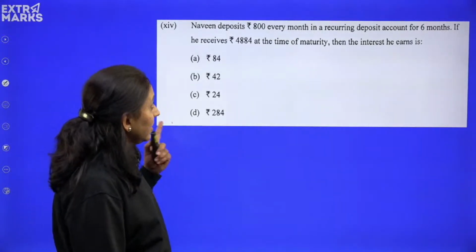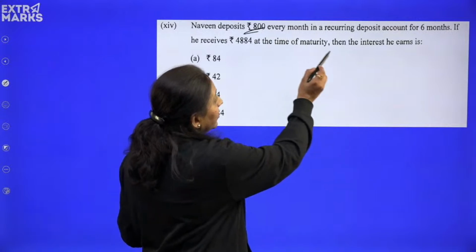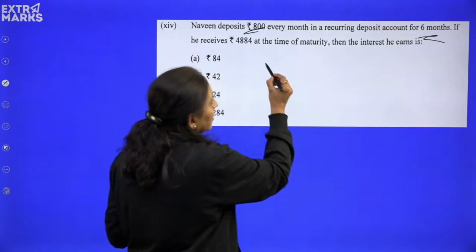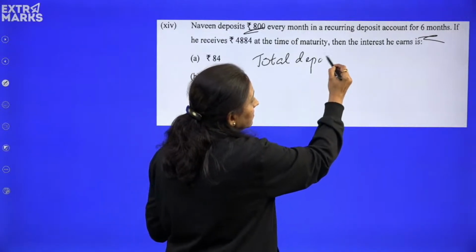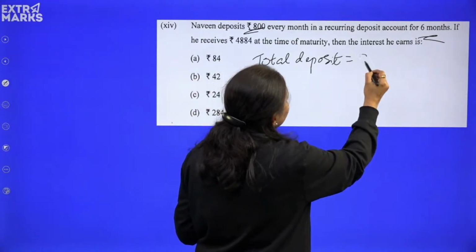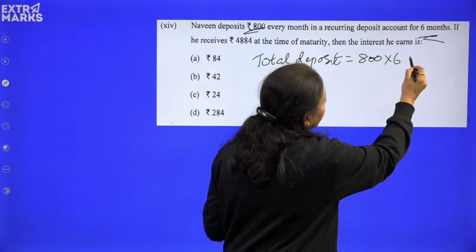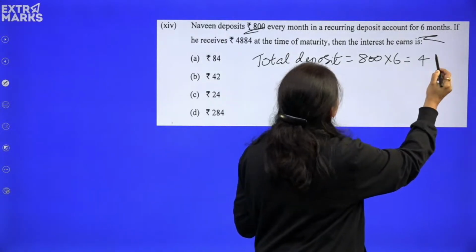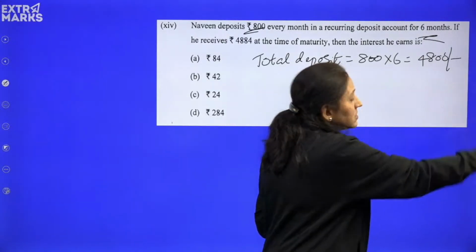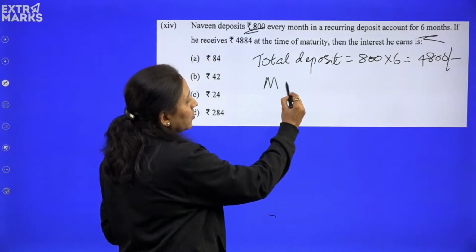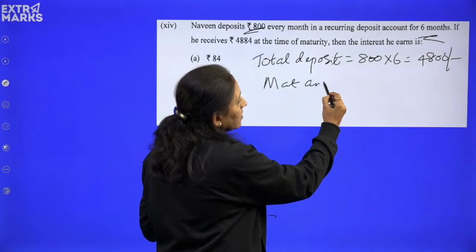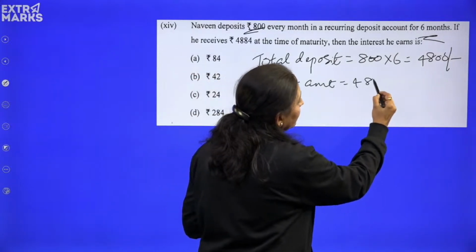You're absolutely right. If he deposits 800 rupees for 6 months, then the total deposit is 800 multiplied by 6, which is 4,800 rupees. He is getting the final maturity amount as 4,884.